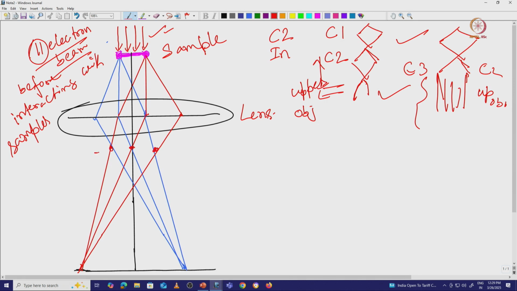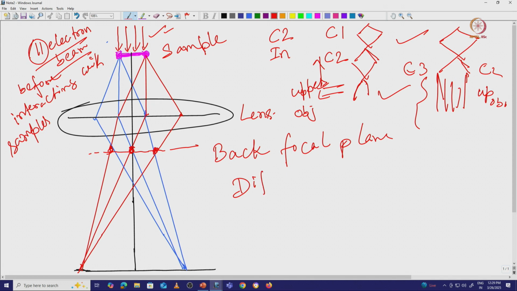So, here you can see all these things are coming in one particular plane. This is forming one dot, this is forming one dot. This plane is called the back focal plane. In this back focal plane, we are recording the diffraction pattern.